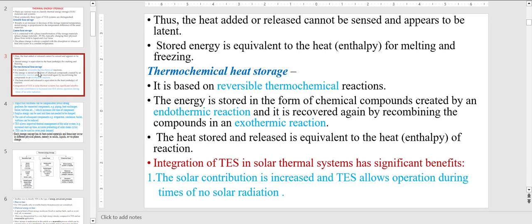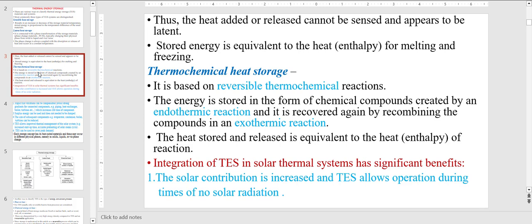So in an endothermic reaction, heat energy is stored, and if you want to retrieve it back, during the exothermic reaction, it is released. The integration of thermal energy storage in solar thermal systems has significant benefits.